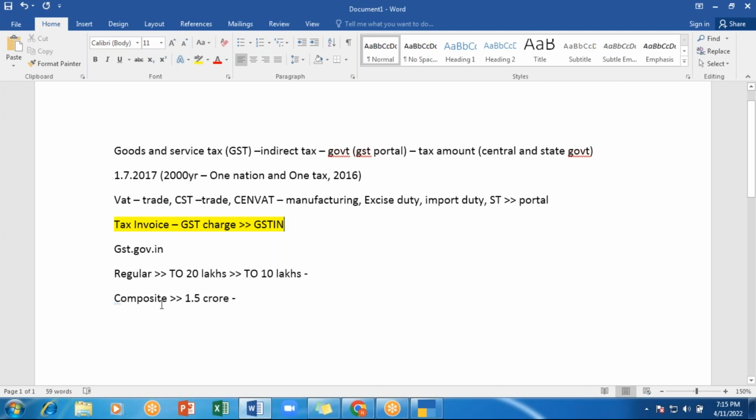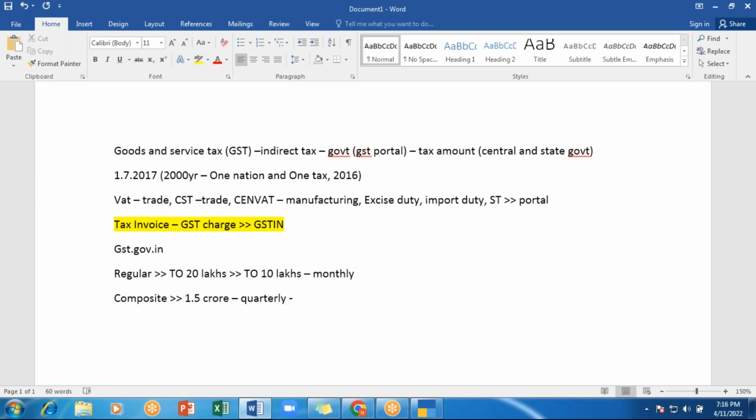So now, regular dealer and composite dealer: two types of dealer you will have. A regular dealer files the return, which means he has to pay the tax monthly. Whereas a composite dealer will file quarterly. What is the due date for monthly and quarterly? Suppose this is the month of April.